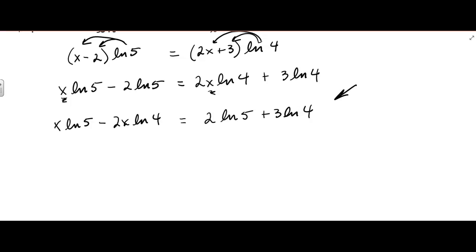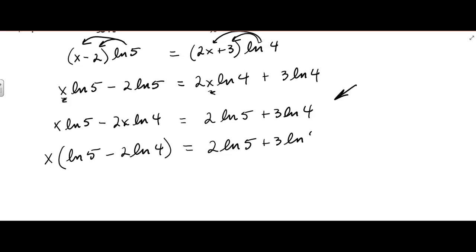Now we've done this idea before when we were finding inverses and you had two y's and you had to get them together so that you could factor it out. So that's what we're going to do now. We're going to factor out an x on the left-hand side. So x times the natural log of 5 minus 2 natural log 4 equals 2 natural log 5 plus 3 natural log 4.